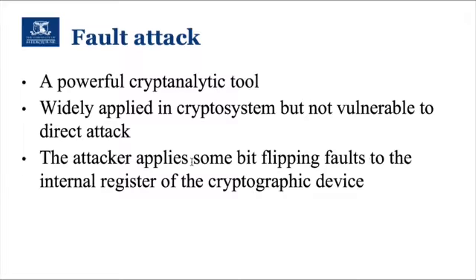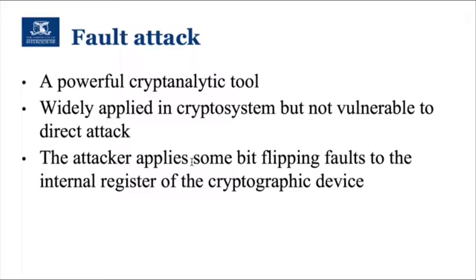Then I will mainly introduce the fault attack. The fault attack is a powerful cryptanalytic tool. It is widely applied to crypto systems which are not vulnerable to direct attack. It is easy to find examples of fault attacks in block ciphers, but the first application of this attack to stream ciphers was developed by Hoch and Shamir.